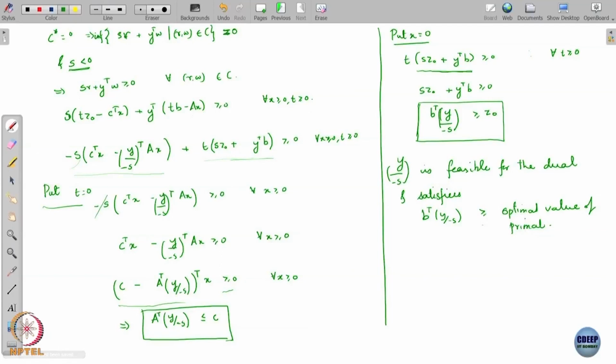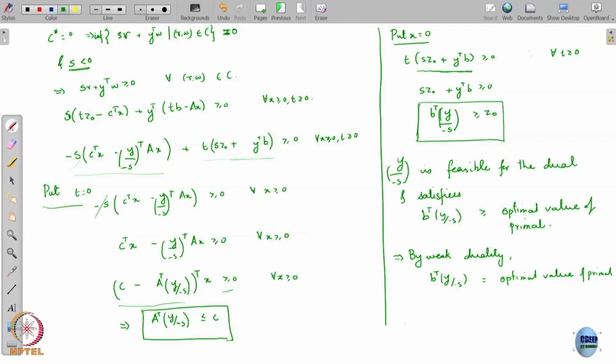Which means the only way this is possible is that there is equality throughout. Now by weak duality, it is the optimal value of the primal.